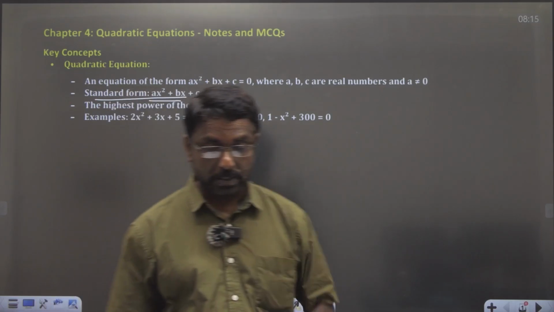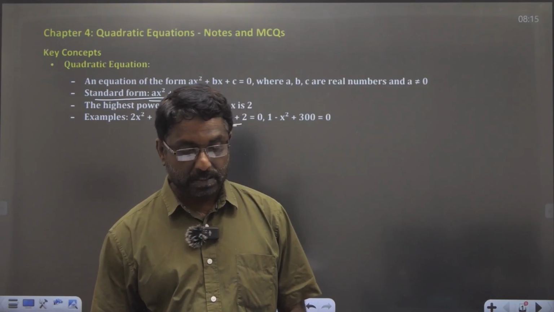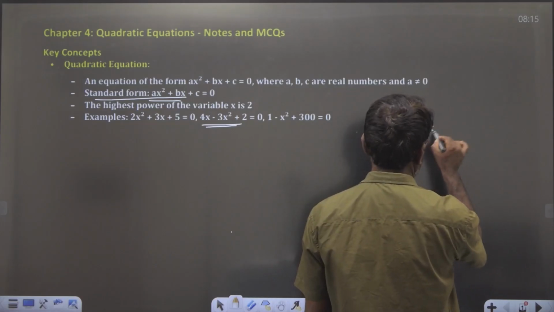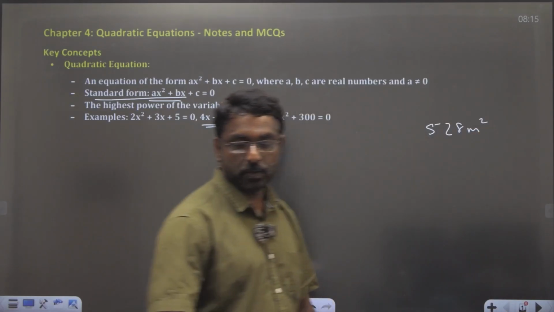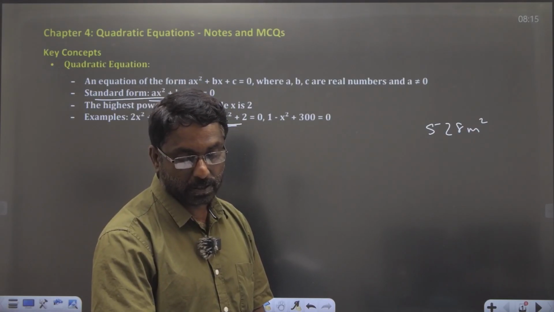Write the question. The area of a rectangular plot is 528 meters square.